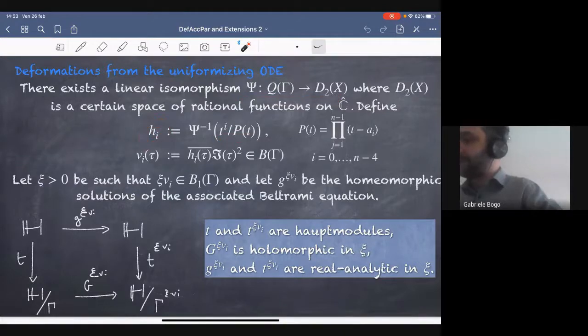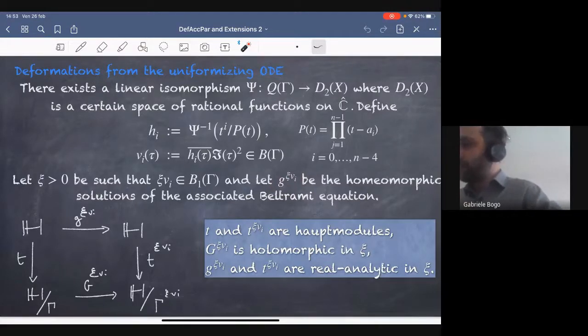Then from this cusp form of weight 4, you can construct a Beltrami differential using the map that I showed before. This is not small enough, but you can take a small real number xi such that xi multiplied by the Beltrami differential constructed from the cusp form has bounded norm less than 1. And then construct the Beltrami differential equation and take a homeomorphic solution. So let me repeat once again.